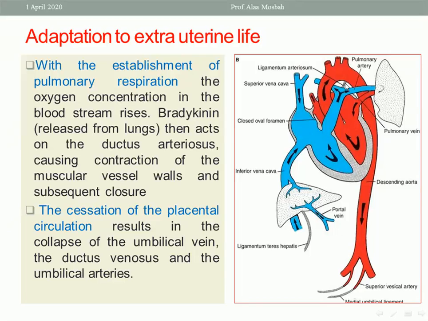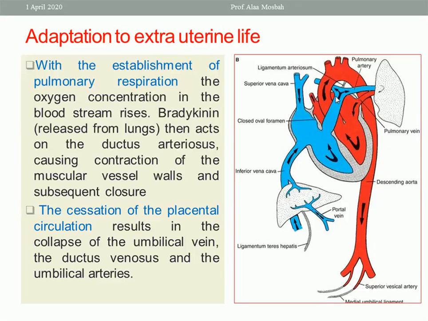Now bradykinin released from the lung causes vasoconstriction and contraction of the muscular vessel wall, which leads to closure of the ductus arteriosus. So no more shunt between the pulmonary artery and ascending aorta.